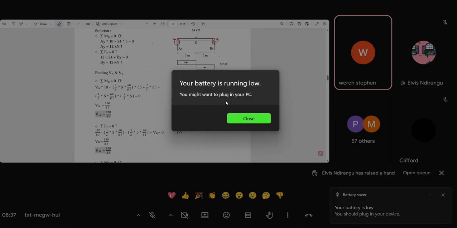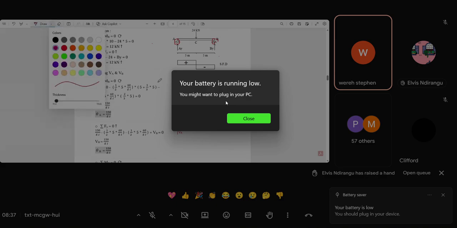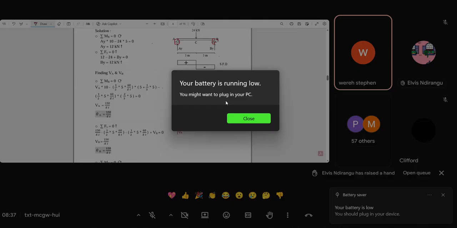Looking at the first triangular loading, which starts from A, let me say this one is C. So the moment at A equals 0, which is VB times 10, minus this loading, half times AC times the height, that's the total area, times the distance from A to the center of this triangular loading. So what is the center of this triangular loading from the smaller side?